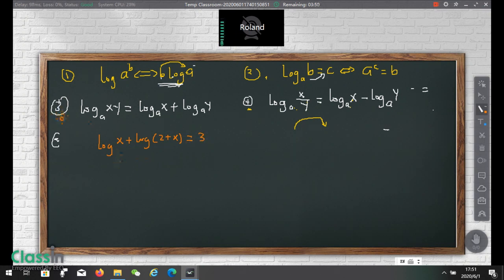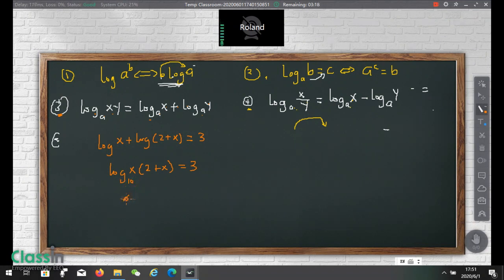If we apply law 3, this will be log of x multiplied by 2 plus x, and this is equal to 3, because log of x plus log of y to the base a is log to the base a of x times y. So since they have the same base, we can multiply them. Remember, if the base is not written, it means it's base 10, as I said earlier.